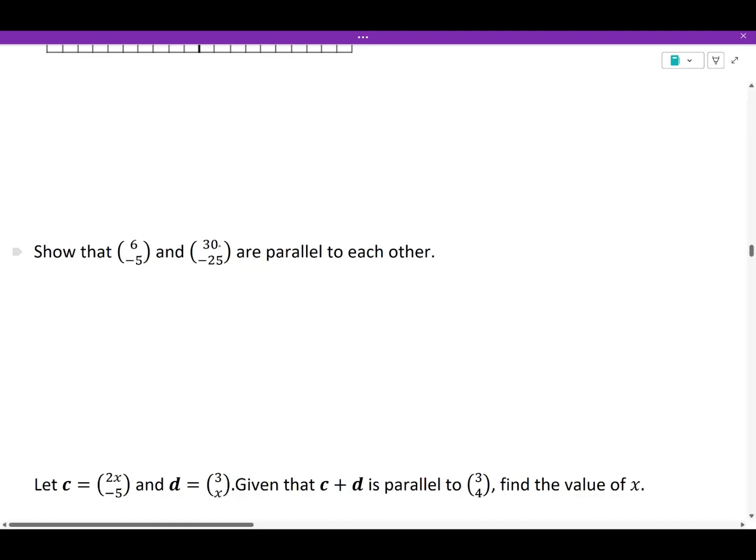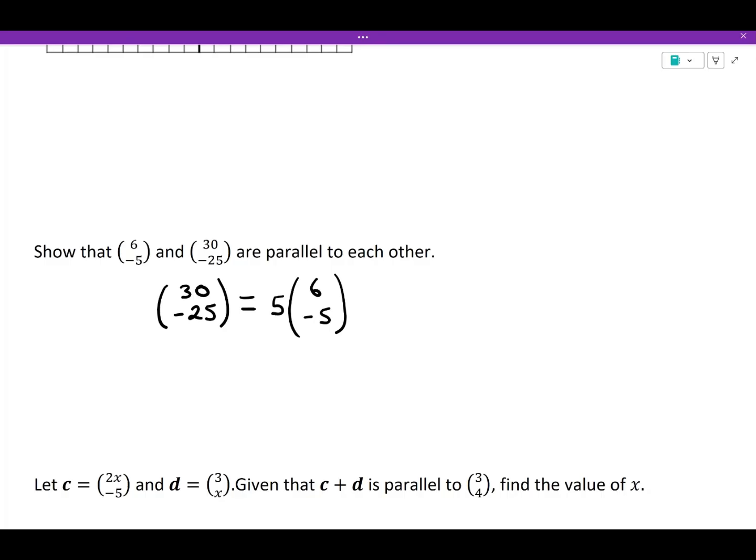What I'm going to do is take the 30, -25, and factor out a scalar factor such that I end up with 6, -5 in my vector. So what would I have to multiply 6 by to get to 30? Well, it would have to be 5. What would I have to multiply -5 by to get to -25? Well, it would have to be 5. So this statement makes sense.